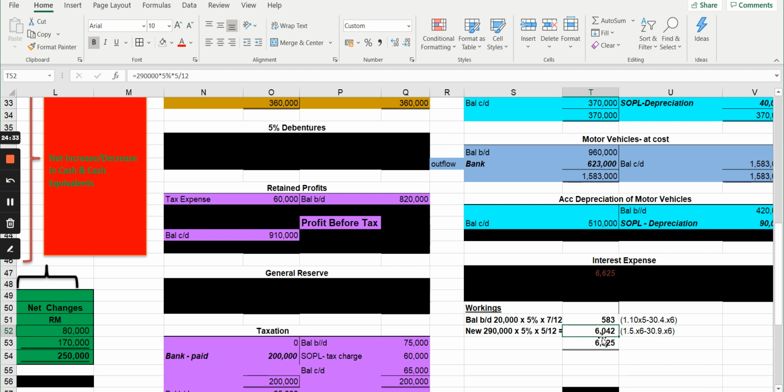So you have 6042. I round it up to the nearest ringgit Malaysia. So it is 6625.